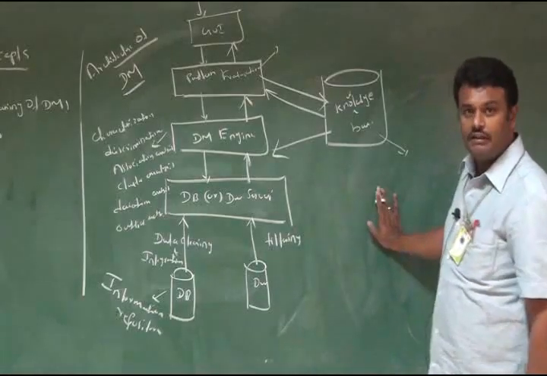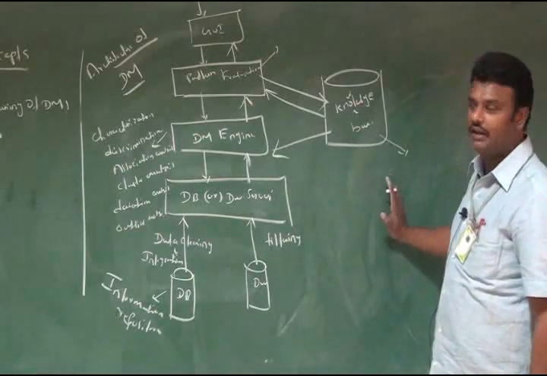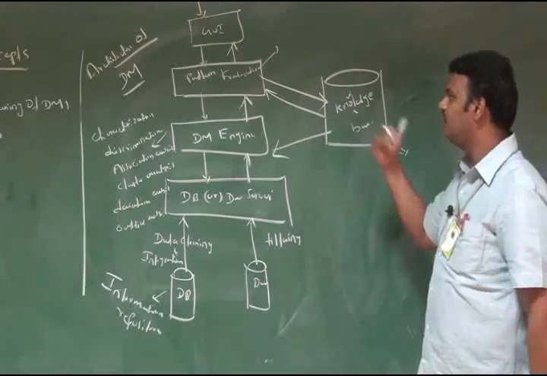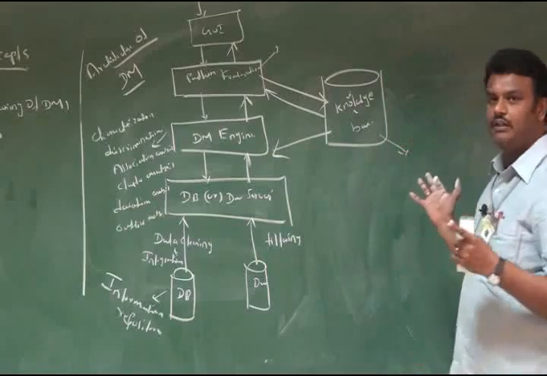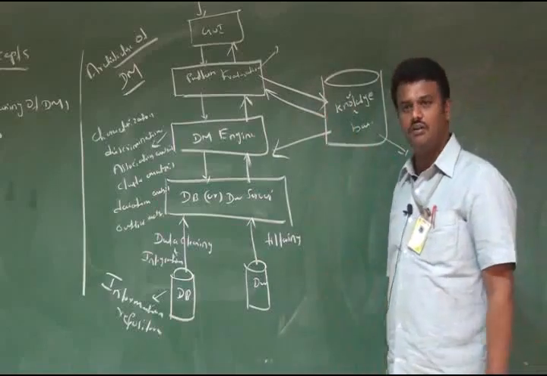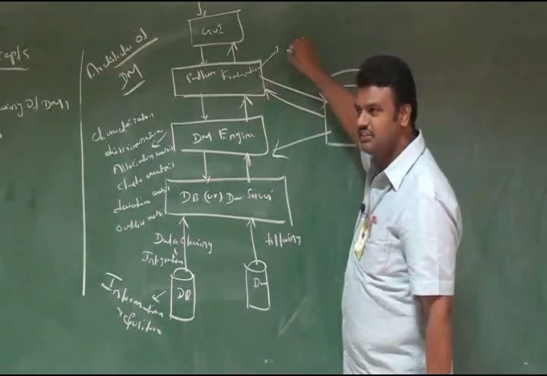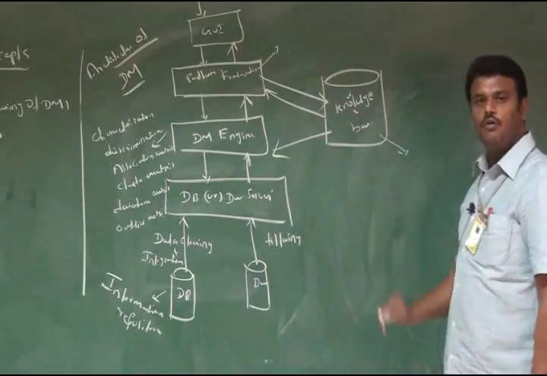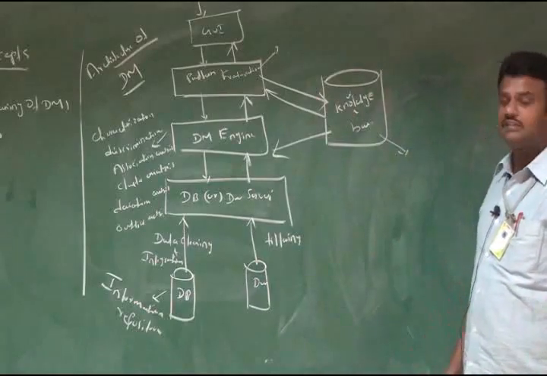The purpose of the knowledge base is to guide the search. The difference between the pattern evaluation and the knowledge base is that in the pattern evaluation we evaluate only the interestingness of the pattern based on some interestingness measure, but in the knowledge base we evaluate the interestingness of the resulting pattern.